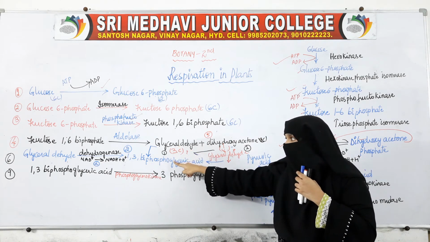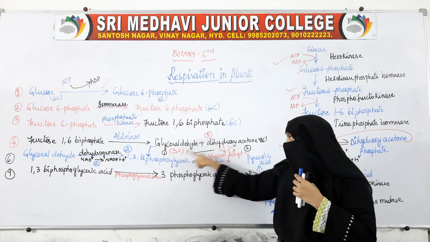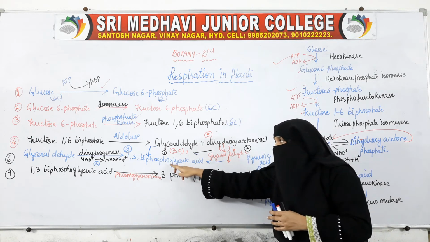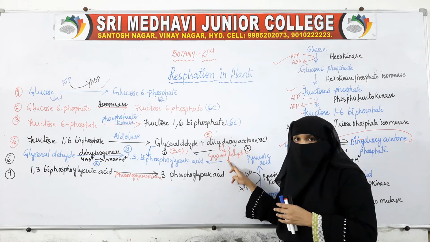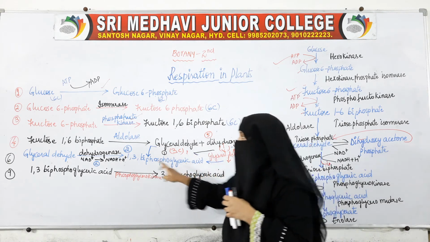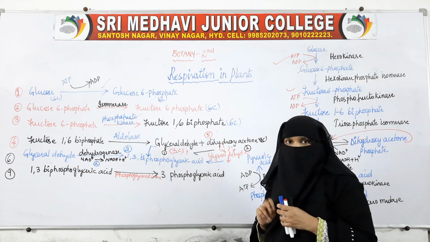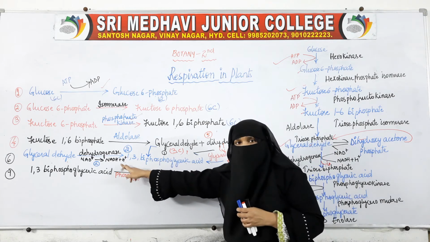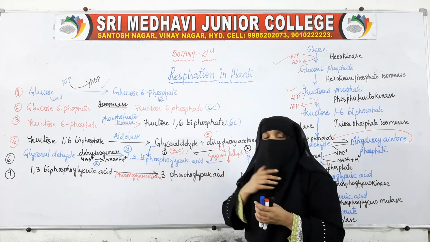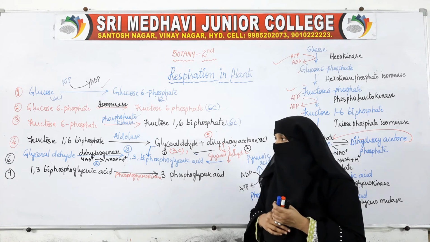One glyceraldehyde gives rise to 1,3-biphosphoglyceric acid, and another glyceraldehyde also gives rise to another 1,3-biphosphoglyceric acid. If one NAD is reduced here, then here also one NAD is reduced. So, how many NADH will be formed? 2 NADH. How many biphosphoglyceric acids will be formed? 2 biphosphoglyceric acids.